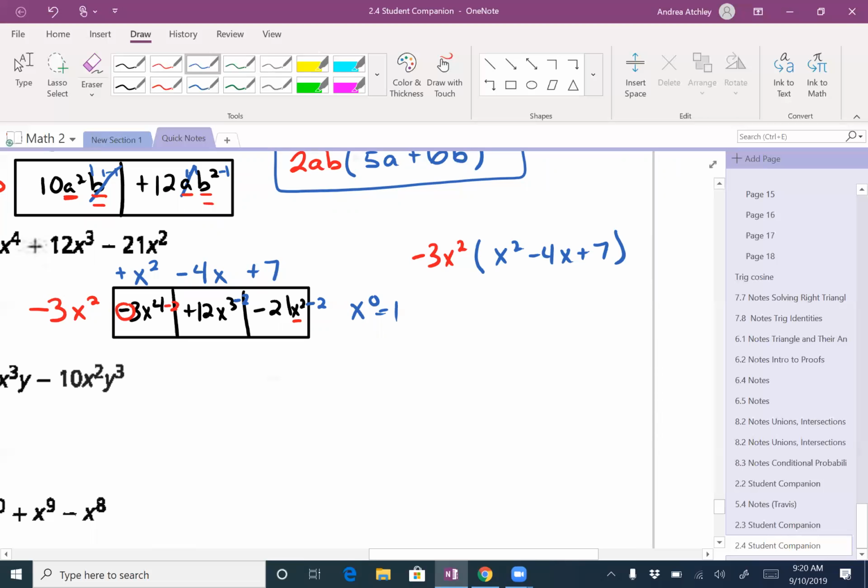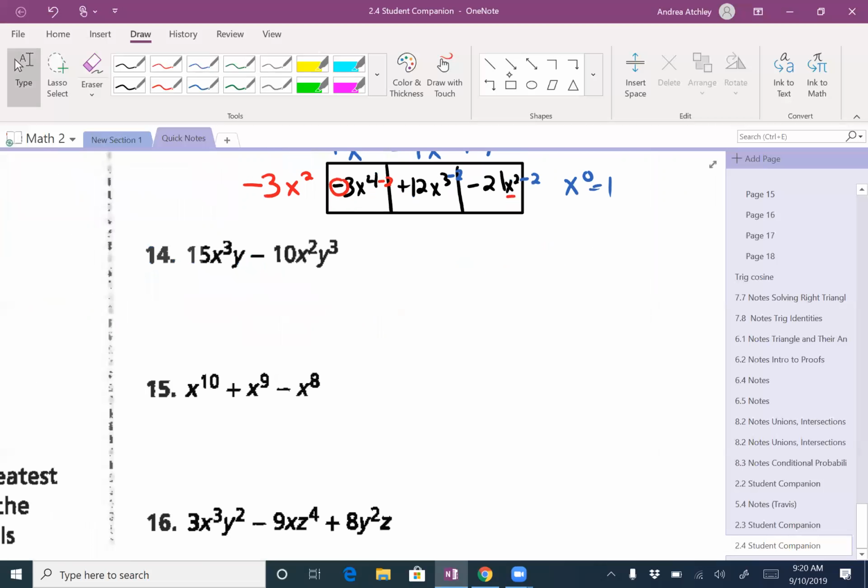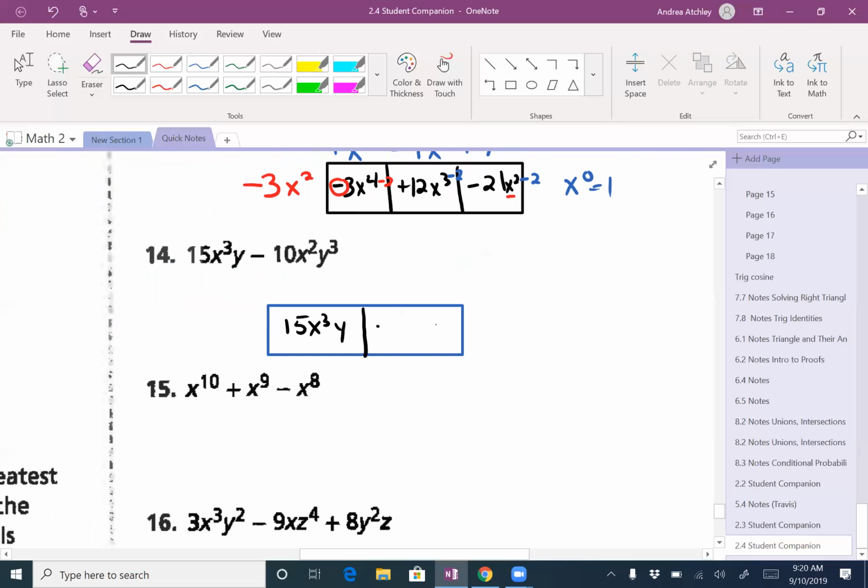Okay, next one. We have 15x cubed y minus 10x squared y cubed. Okay, we struggled with this one too. We're not quite sure which variable is which. So everyone got that you could pull out a 5.